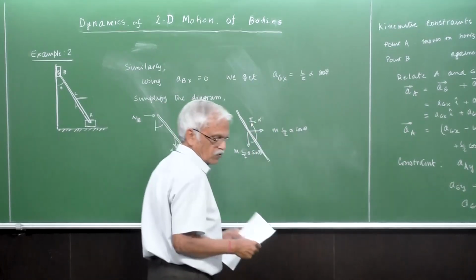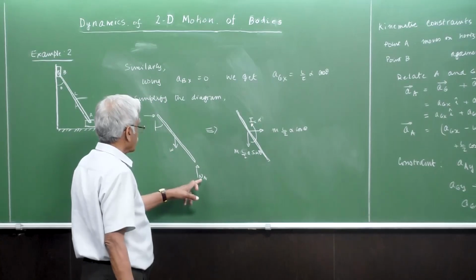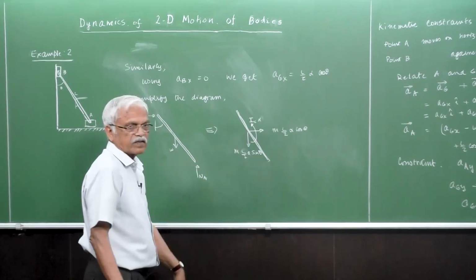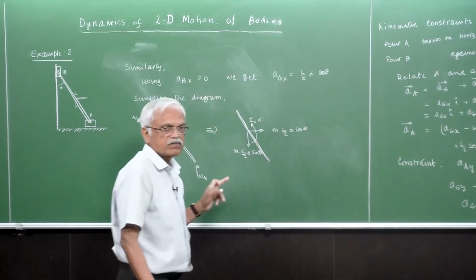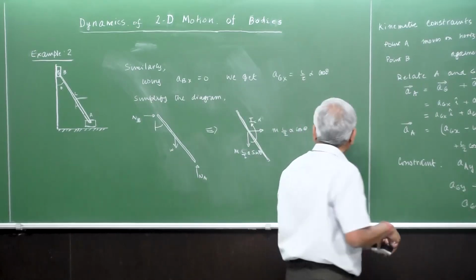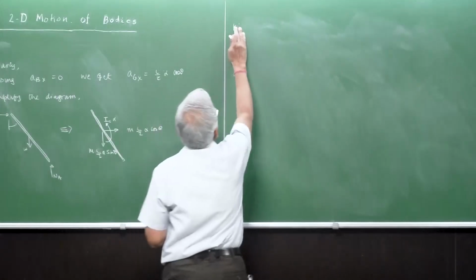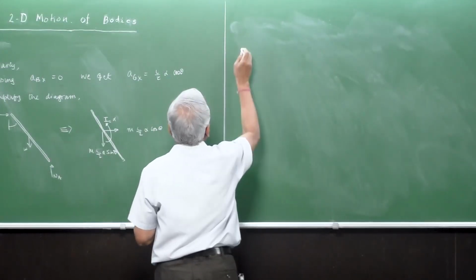Okay. So now you can see that the number of unknowns have reduced to 3 only, Na, Nb and alpha. Everything else, AGX and AGY, are now written in terms of alpha, right. So using this you can formulate the three equations of dynamics.